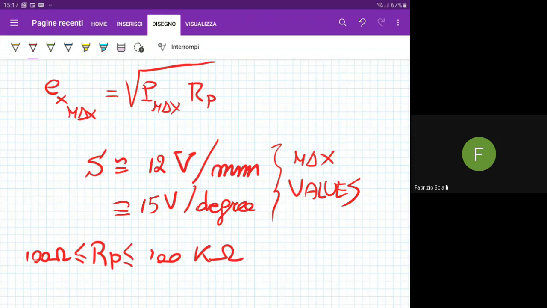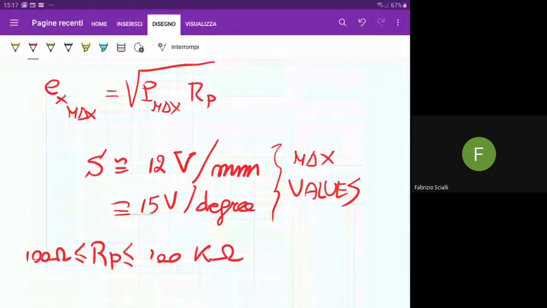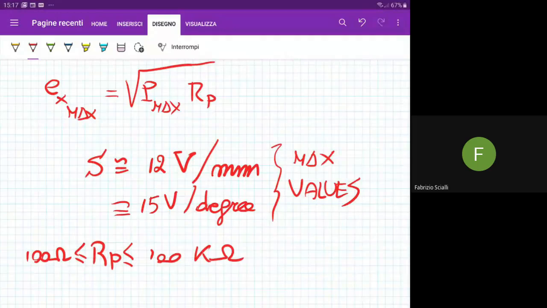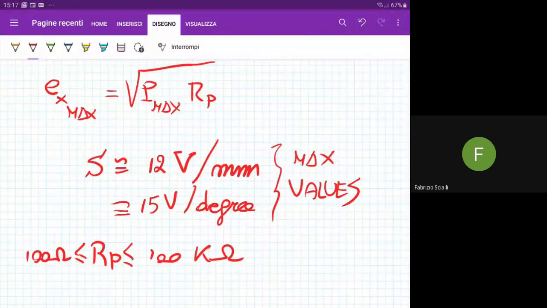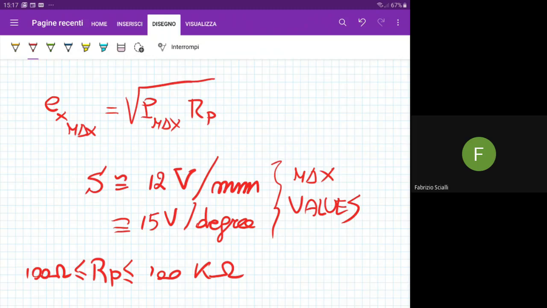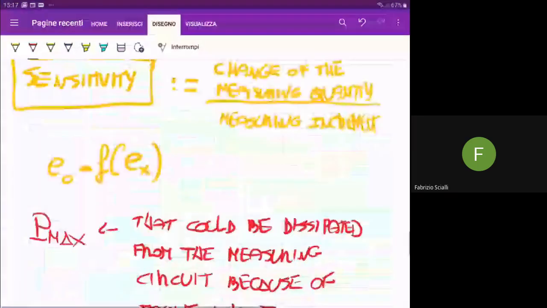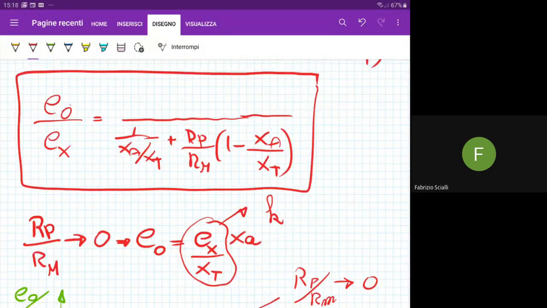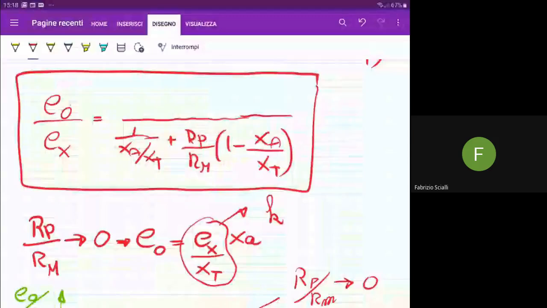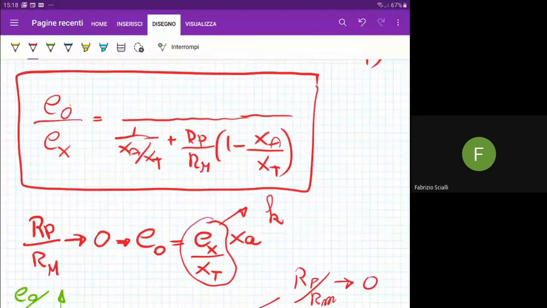so that I can have the best accuracy in my measurements. This transducer is what is called a zero order transducer. What does it mean? If you think of the working principle, what is the equation that is governing it?